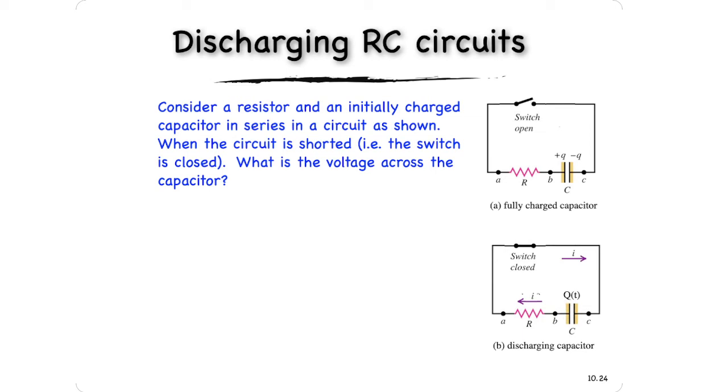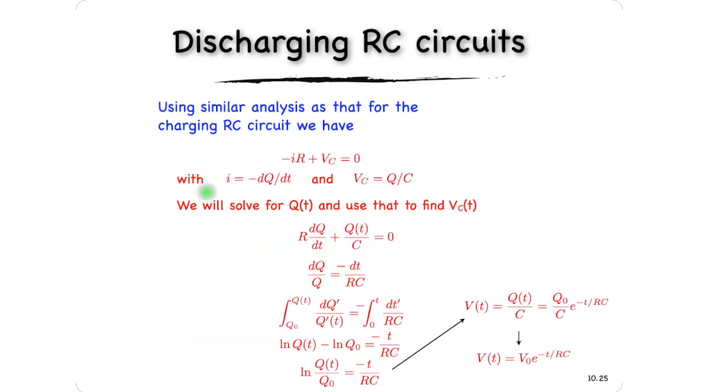Therefore, dq dt is negative. That's because the current is decreasing, because the capacitor is discharging. So the current comes from a discharging capacitor, so I put a negative sign on my expression for the current.